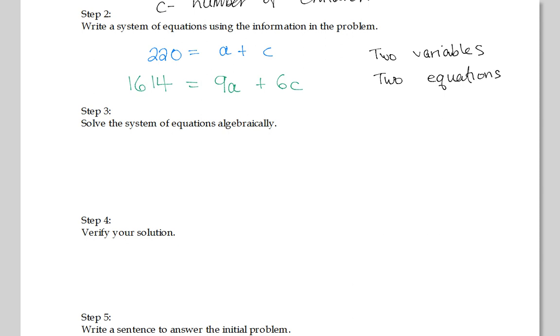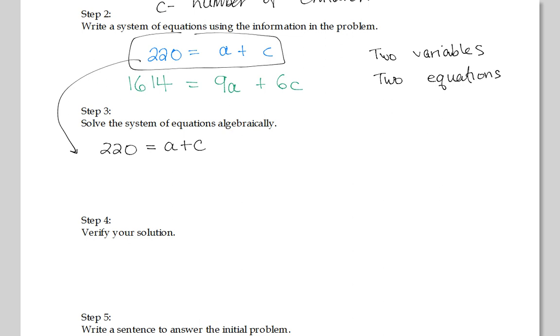Which one of those equations looks simpler? The first one. So let's start with the simpler one, and I want you to isolate one of the variables. Which one do you want to isolate? You want to solve for C?